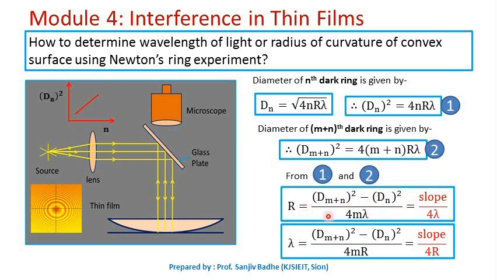So we will substitute the slope of the graph in this relation, and we will calculate the value of r to be equal to slope upon 4 lambda and lambda to be equal to slope upon 4 r. So multiple readings are taken in order to reduce the error in the measurement and therefore in the calculation.